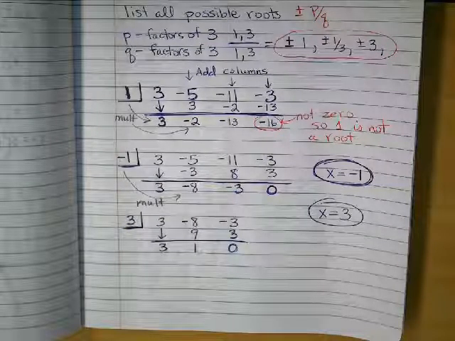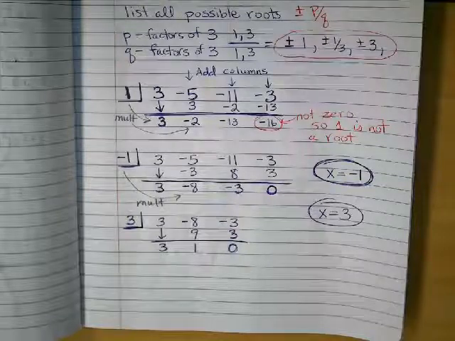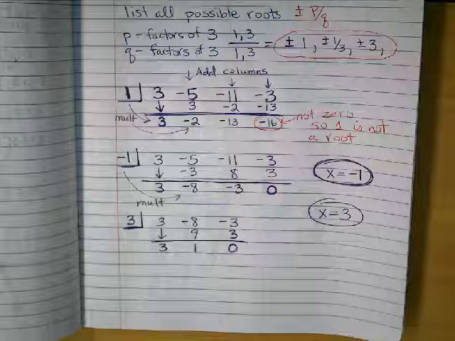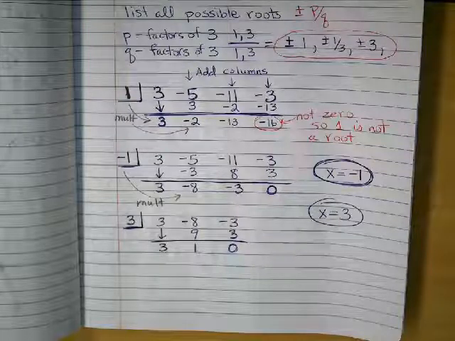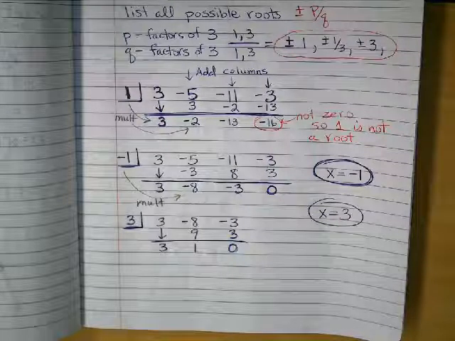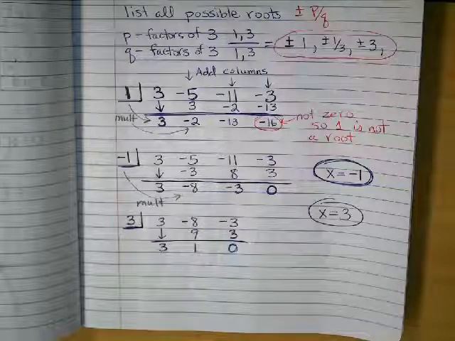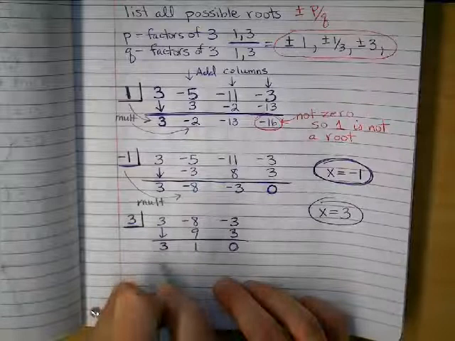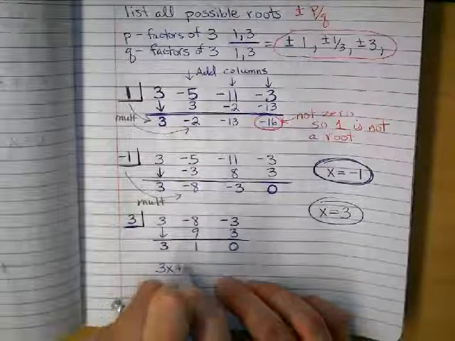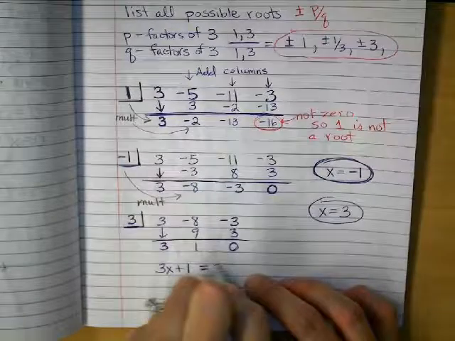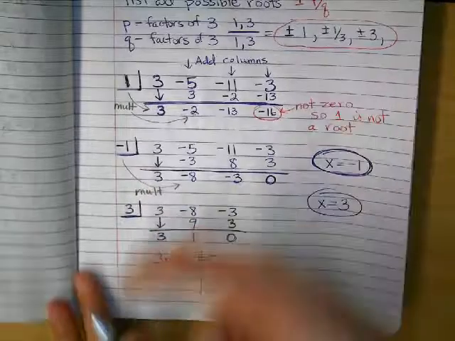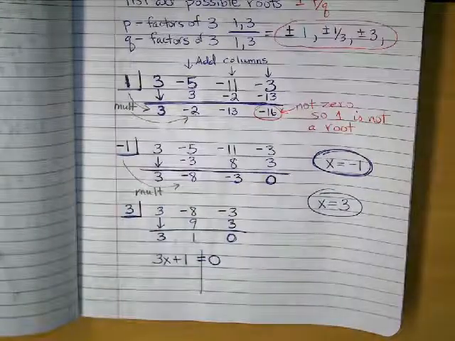You can make this back into an equation, put the variables back in. If you're left with just 2 things, that's the x, that's like 3x plus 1. It's kind of cool. You can just make it back into a little equation. So this is 3x plus 1. I can actually equal that to 0 and solve that and get the last answer. Or I could have done synthetic division again and more times and found the other answers.